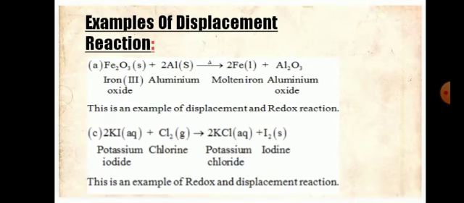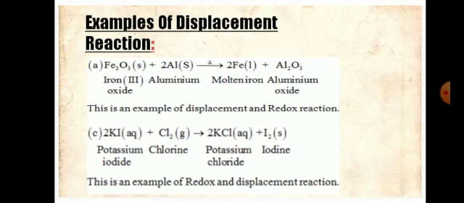Now let's see some examples for your displacement reaction. The first example here is Fe2O3, that is solid iron oxide, combining with 2Al, which is solid. The delta symbol is heat. So you're heating the iron oxide with aluminium to get molten iron and aluminium oxide.